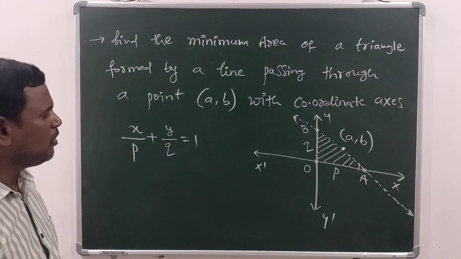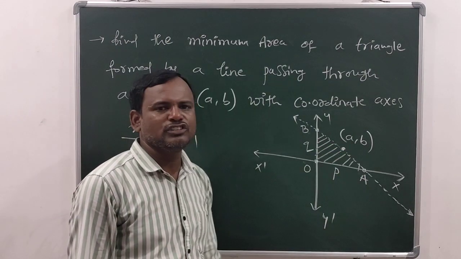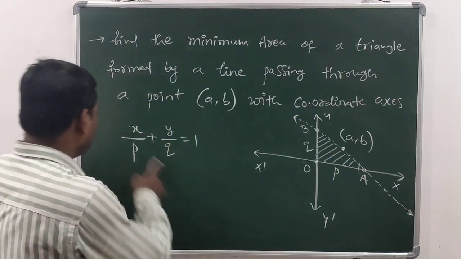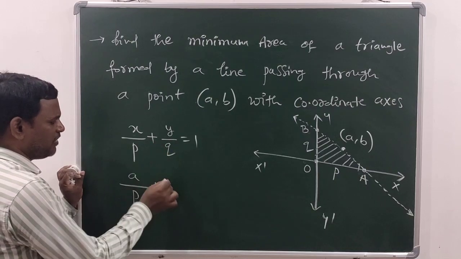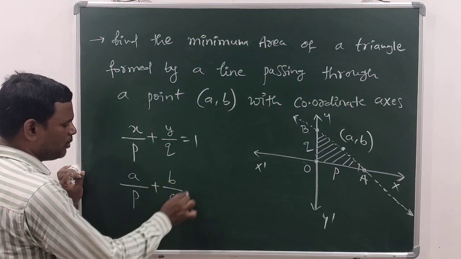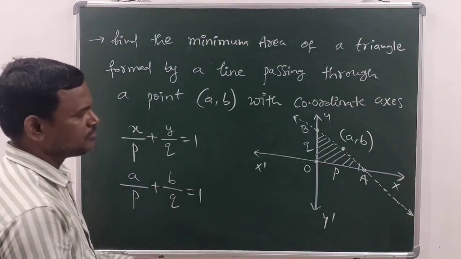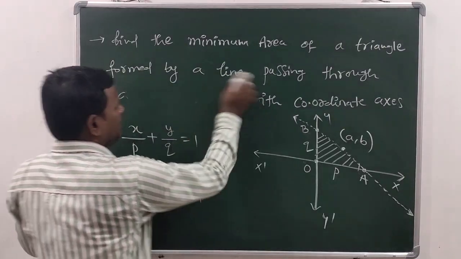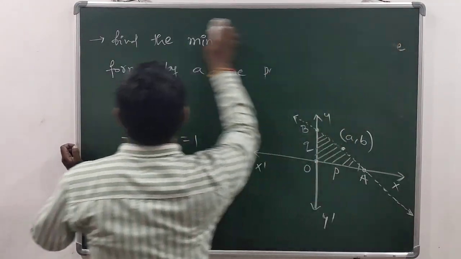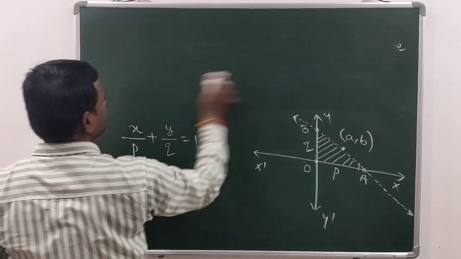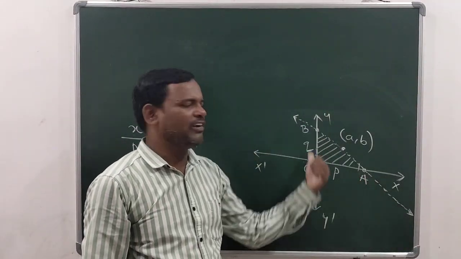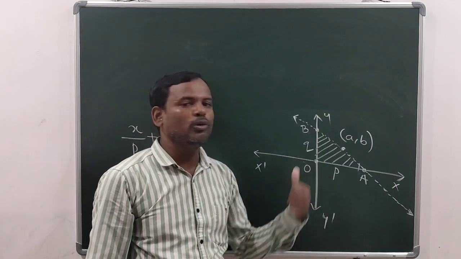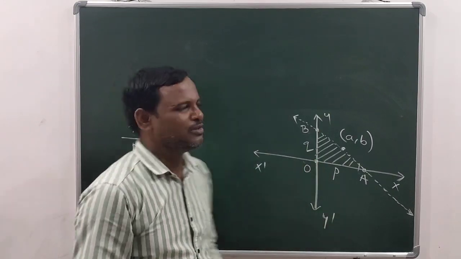Okay now but it is passing through a fixed point A comma B. Now replace this x by small a by p, replace y by small b by q, which is equal to 1. Okay. Now hereafter write the area function because changes are getting in x-intercept p and y-intercept q, so that p and q are here variables.